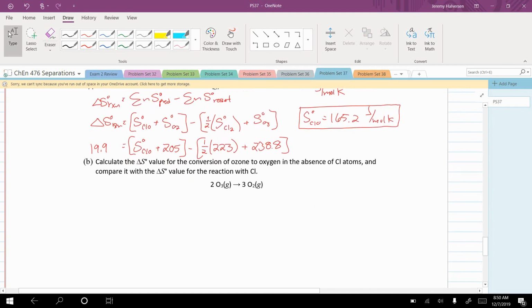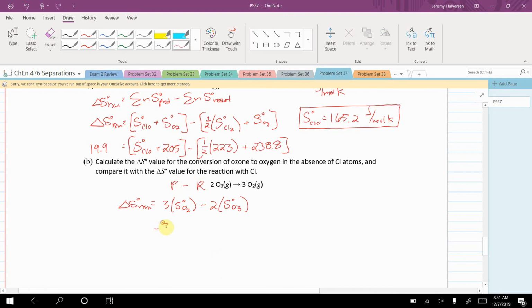Okay, and now 10b wants me to calculate the delta S value for the conversion of ozone to oxygen. So again, I can just do products minus reactants, which in this case is going to be 3 times S naught of O2 minus 2 times S naught of O3.